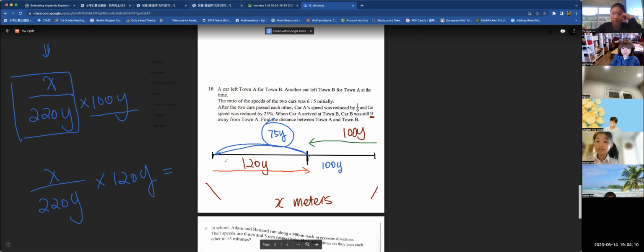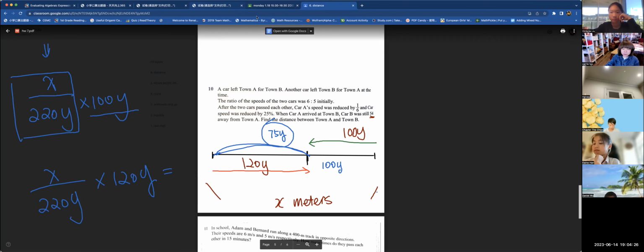So we need to find out the time of these two. Get it, everybody? Okay, so that is a ratio of these two. So I want you to use this one to find out what x is, because we don't really have to find out y. If you calculate those equations, you're going to find out y can be crossed out.